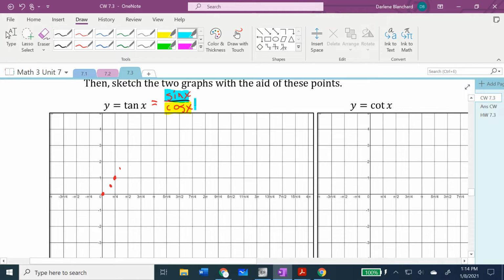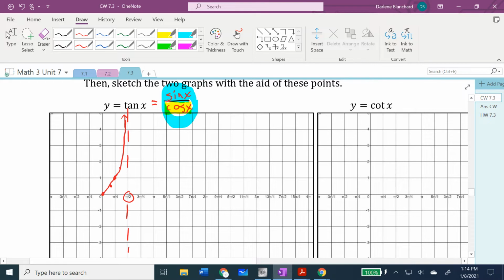And this fraction, when cosine is near 0, is heading toward infinity. Cosine is equal to 0 at pi over 2. That gives me a vertical asymptote there. And if I try to follow along with what these points are doing, it's basically just kind of heading up the asymptote.